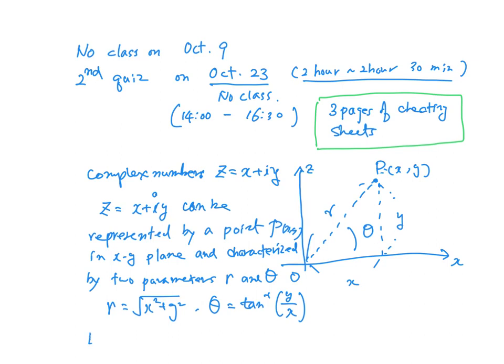Then z = x + iy can be written as r cosine theta + i r sine theta, that is, r (cosine theta + i sine theta).